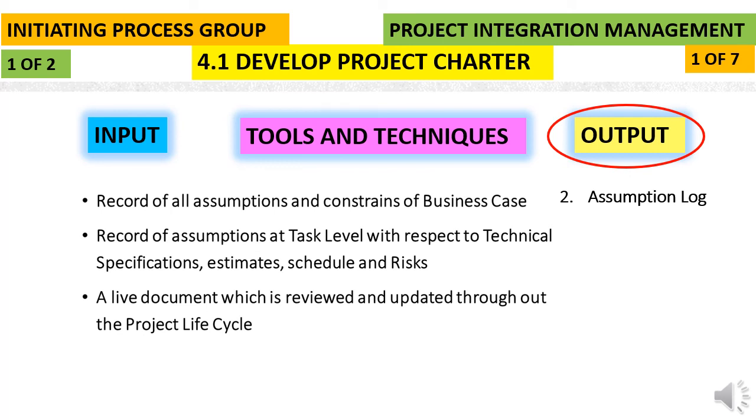So the second output expected from this process is the assumptions log. This is very important. The reason is when we start any project, in many cases, we will not be sure about many aspects of the project, whether it is the inputs, the outputs, the success criteria, or the effectiveness.